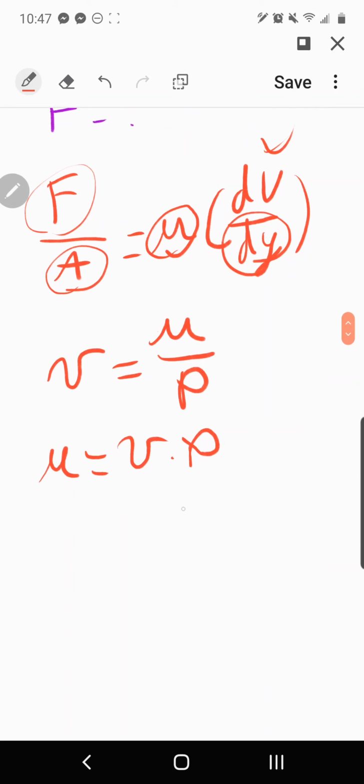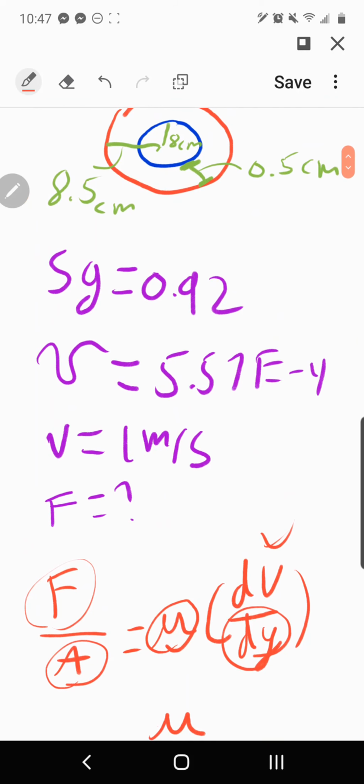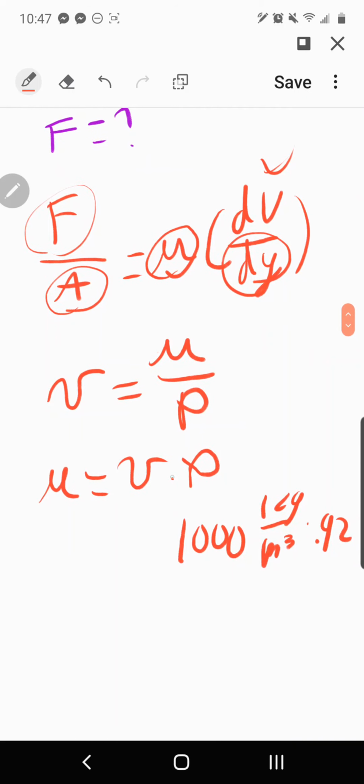So we have 1,000 kilograms per meter cubed times 0.92, and this number we have is 5.57 times 10 to the negative 4.